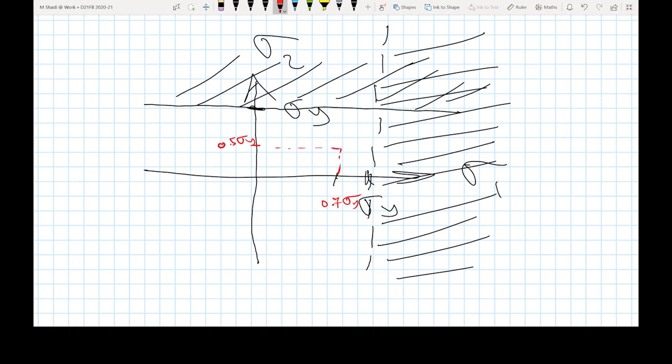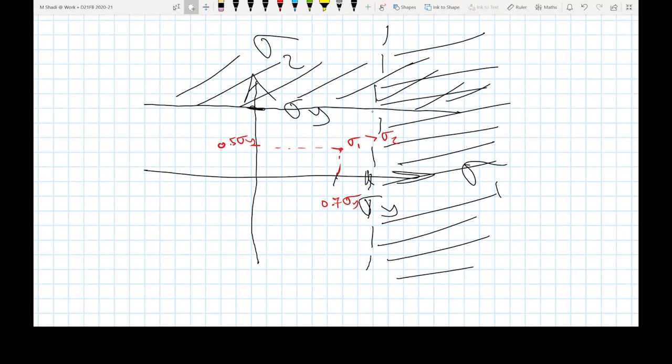So at this point, we have sigma 1 to be larger than sigma 2. And then we compare 0.7 sigma y to sigma y, and this is smaller, so this point has not yielded yet. You can keep moving this point closer to sigma y on the sigma 1 axis or the sigma 2 axis.